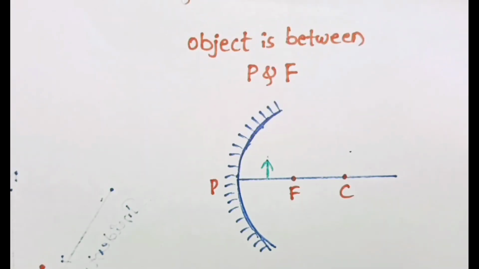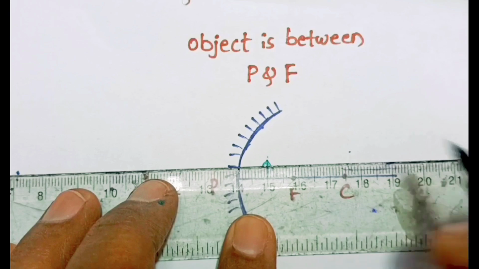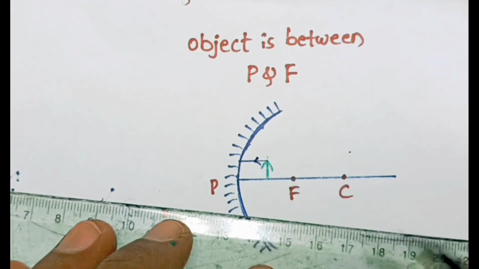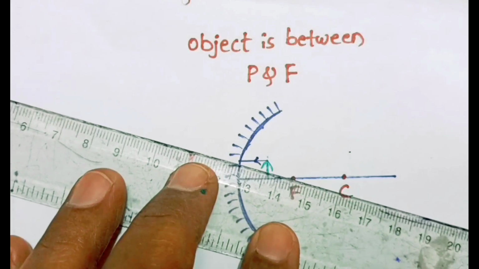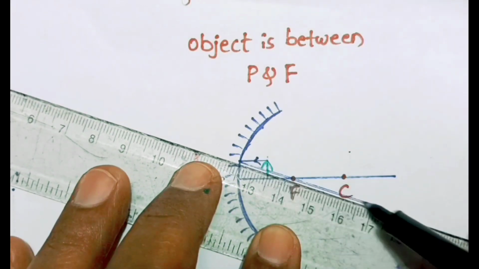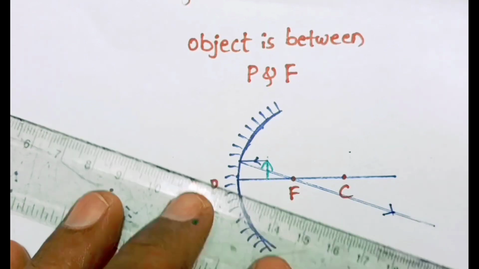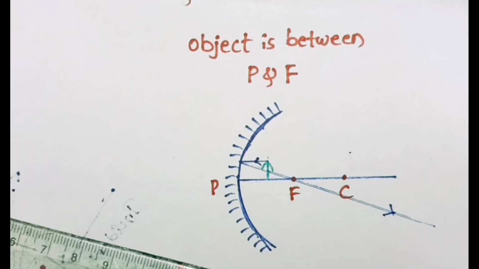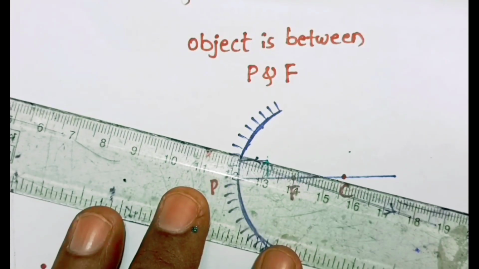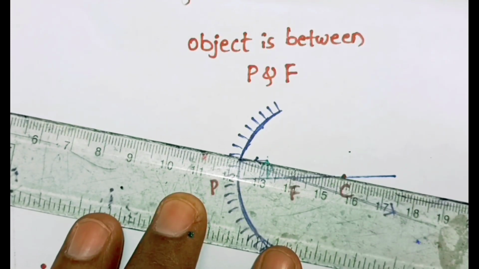Object is between P and F. The first incident ray is parallel to the principal axis. It passes through the focus after reflection. The second incident ray, which is passing through the top of the object, is also passing through the center of curvature of the mirror.